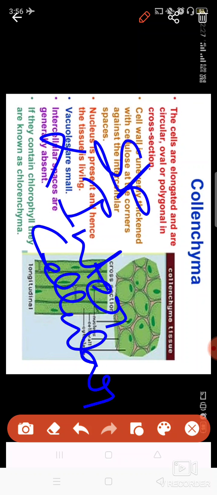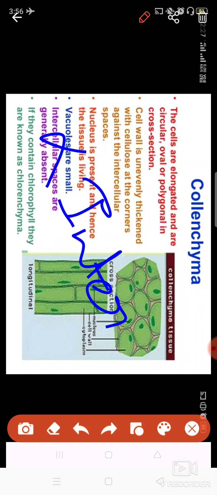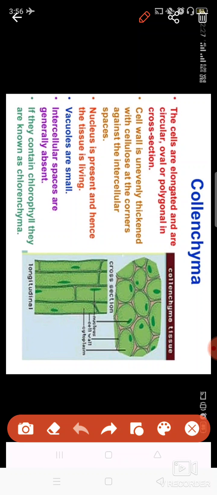They also have a nucleus, they also have vacuoles, but their vacuoles are small in size. That is why you can say these cells are living.